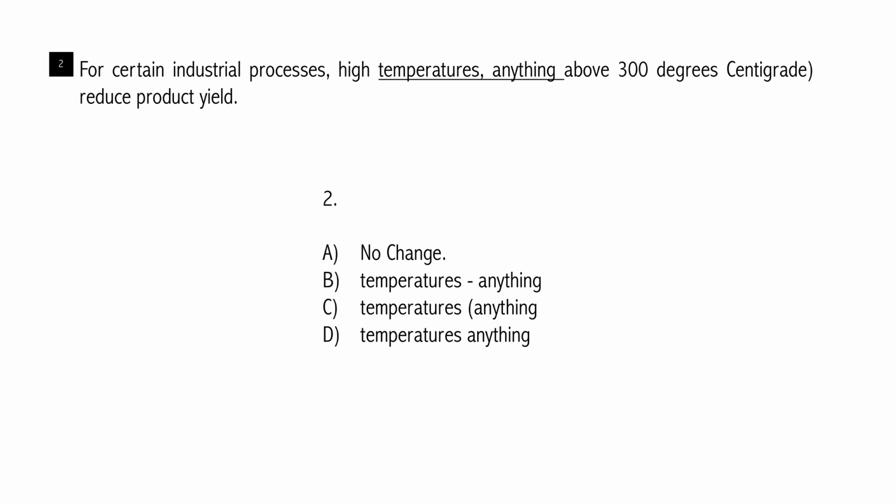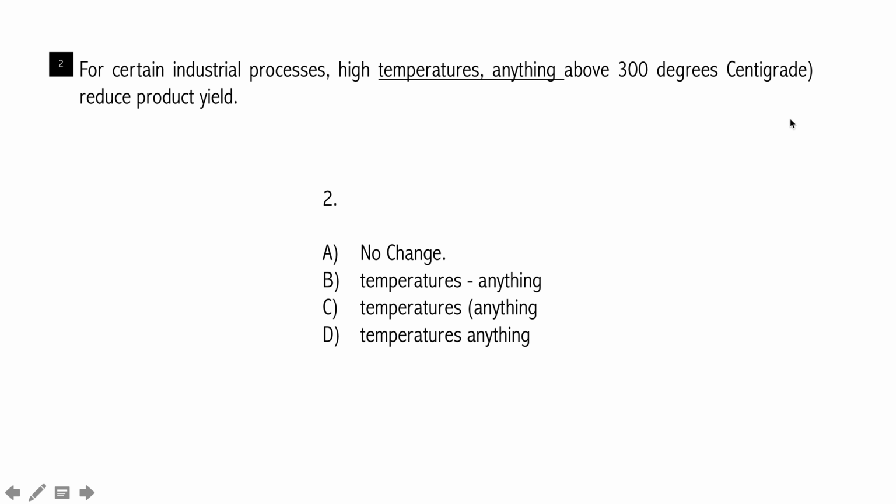The second one is slightly easier. For certain industrial yields, high temperatures, anything above 300 degrees centigrade, can reduce product yield. Now, once again, we already have a very big hint over here.